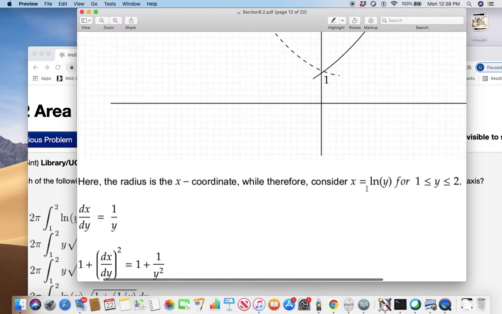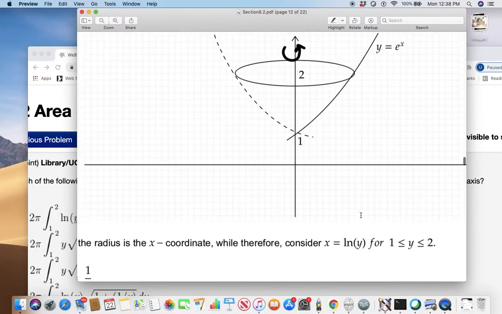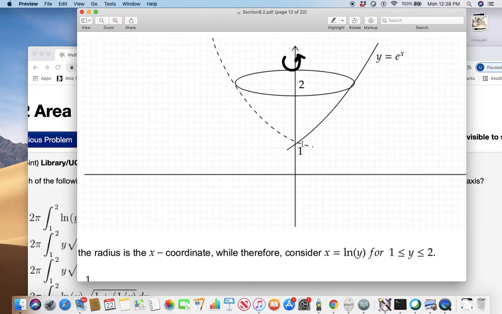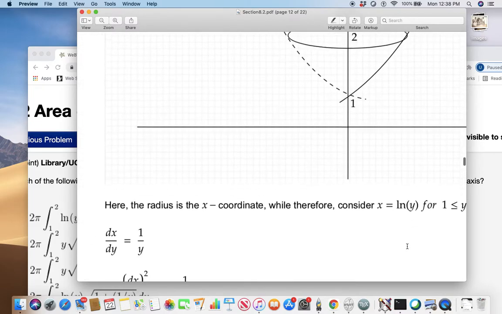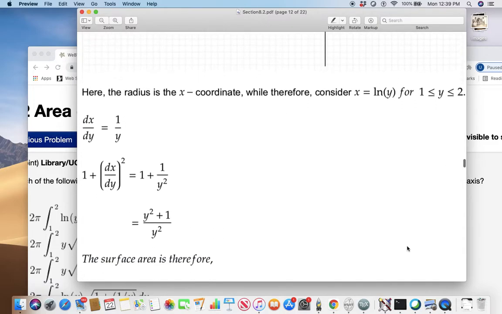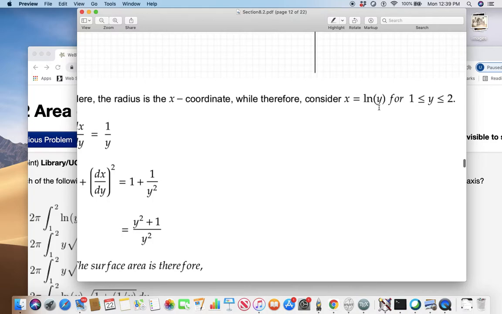So notice, if y is e to the x, x is natural log of y. And when y is between 1 and 2, x is natural log of y.